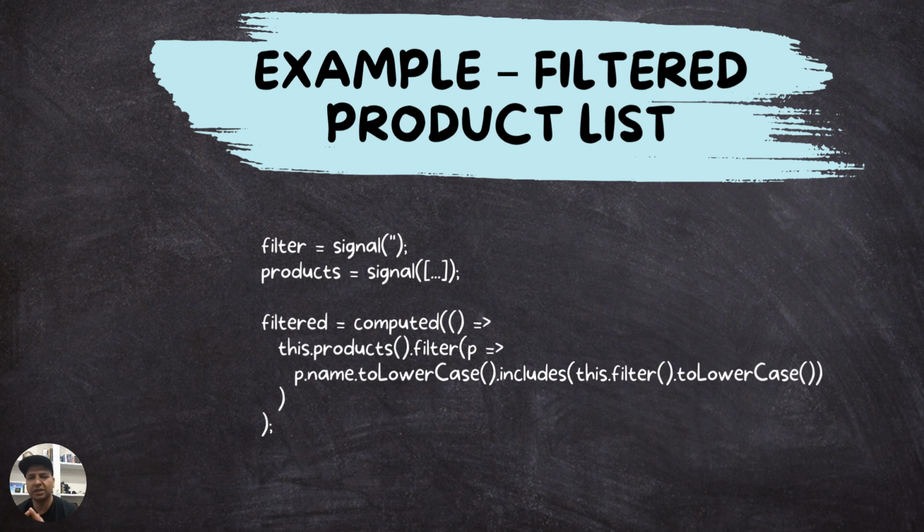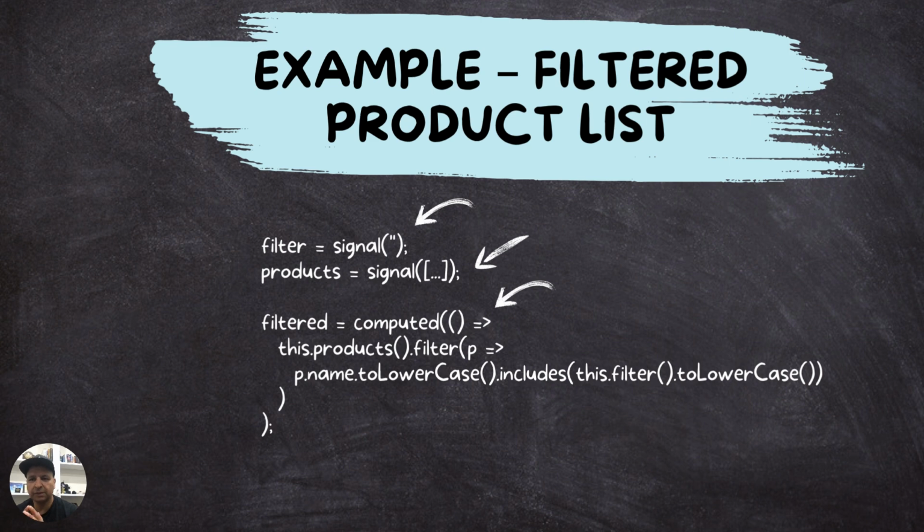So let's go one level deeper with a real UI scenario, filtering a product list. So here we have two signals: filter for the user search input, and products for the raw product data.